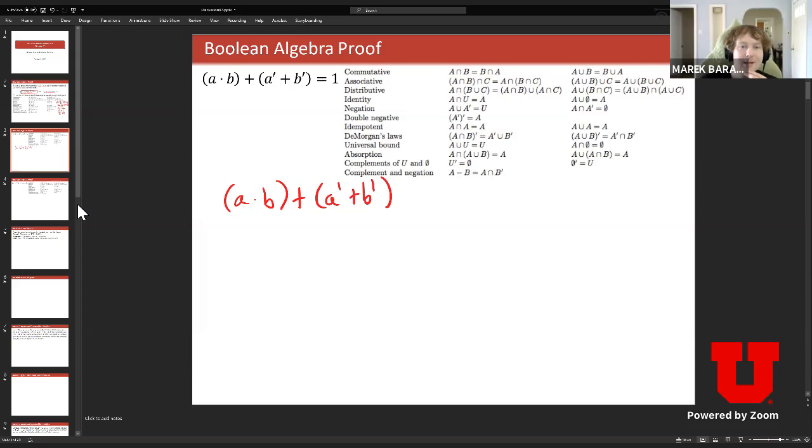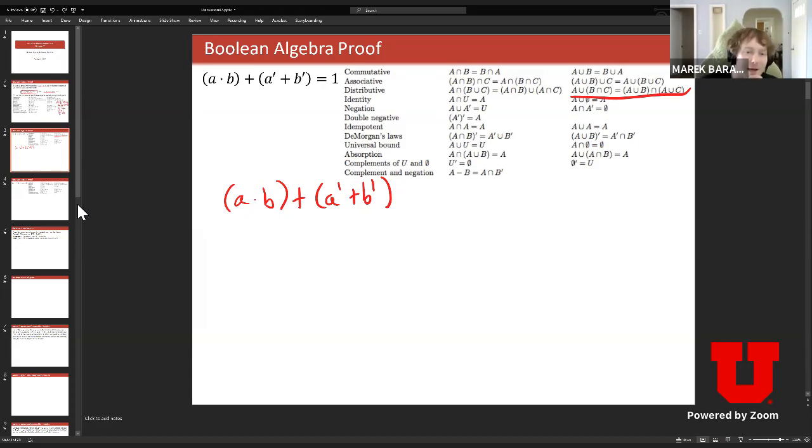So we can use the distributive rule here to rewrite this as A times B plus A prime. Am I doing this backwards? I am doing this wrong, sorry. We can't distribute over that.